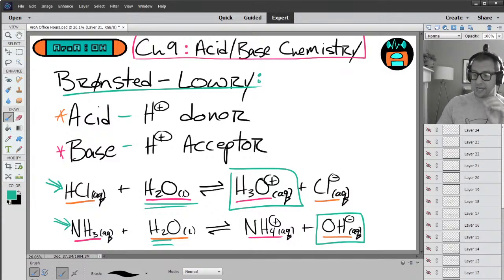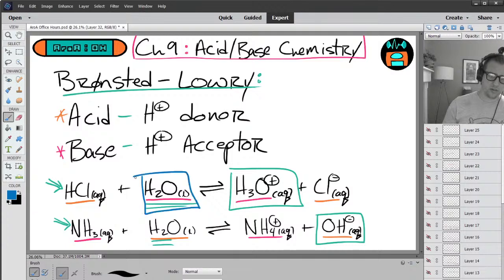They're just looking at different things. The second thing I want to point out about this page before we leave it is I want to ask a question about water. Is water an acid or a base?